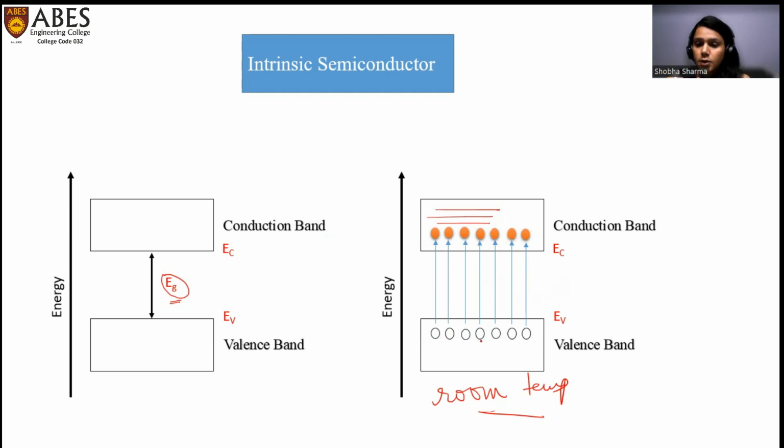So in the valence band we also have some empty states, and the electrons present in the valence band will move through these holes, or empty energy states. Then conduction will occur. So in an intrinsic semiconductor, both charge carriers, the electrons in the conduction band and the holes in the valence band, participate in conduction. Also, the number of electrons in the conduction band is equal to the number of holes in the valence band.